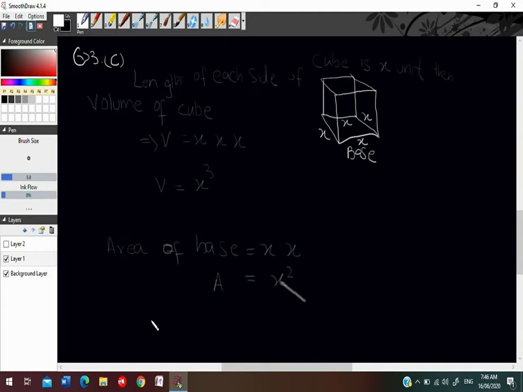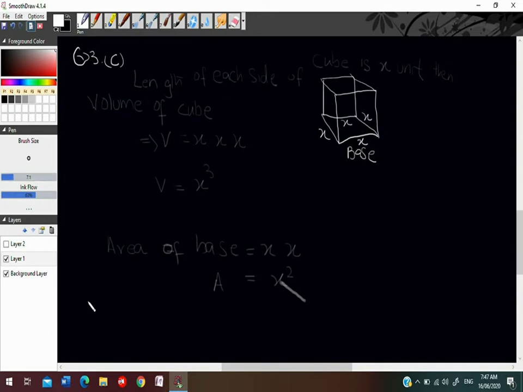Question number 4. Find the domain and the range of the function g defined below and sketch the graph of g.